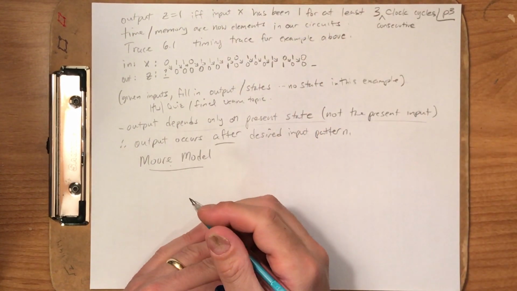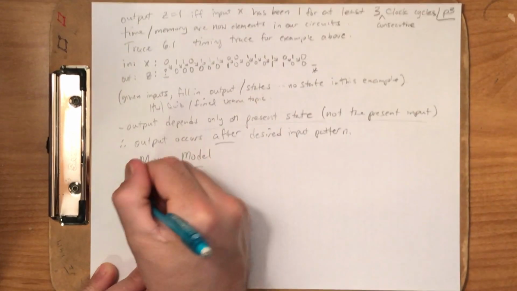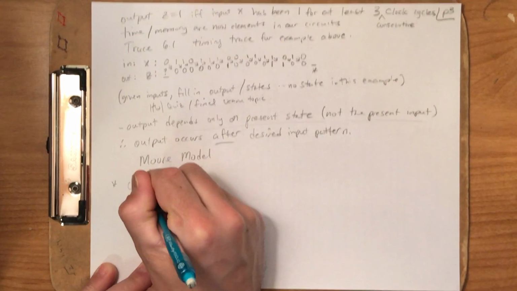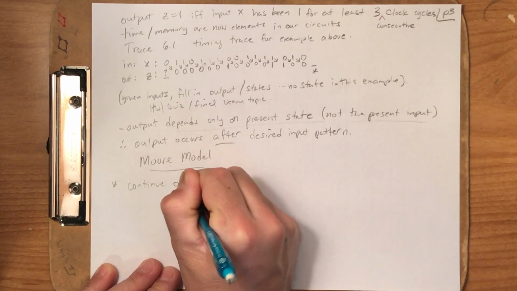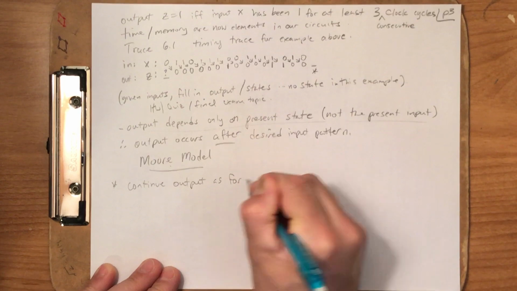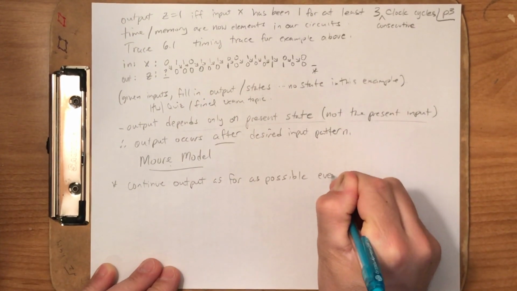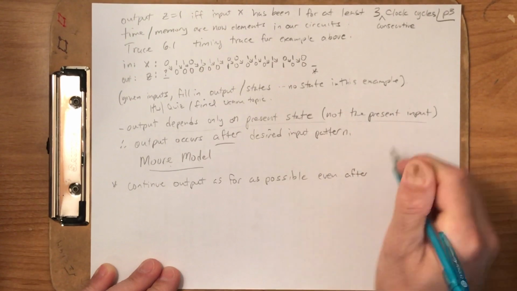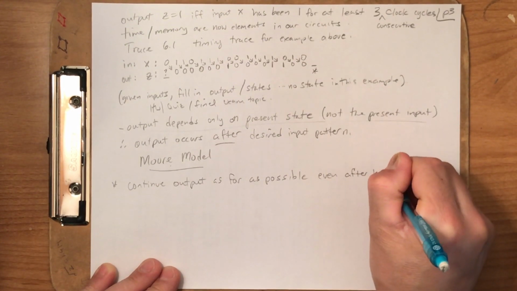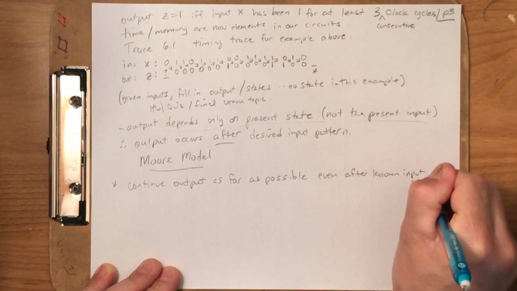What about here? Put a star there. Continue output as far as possible, even after known input stops.